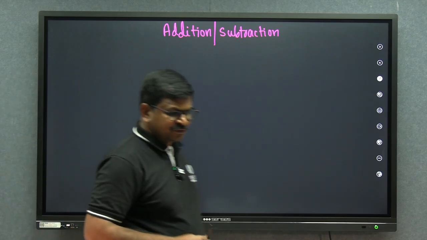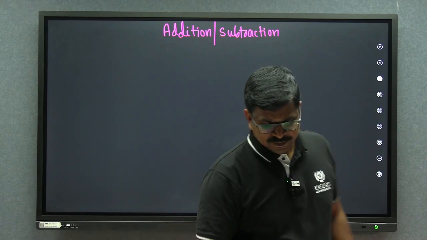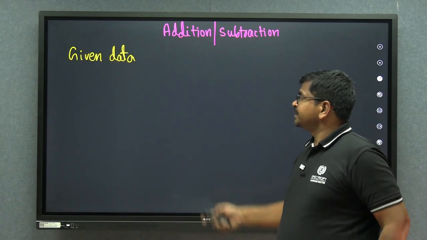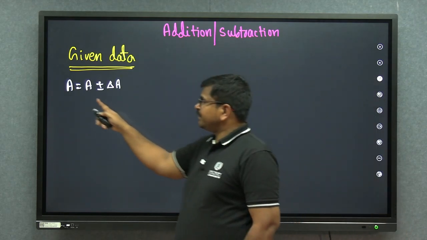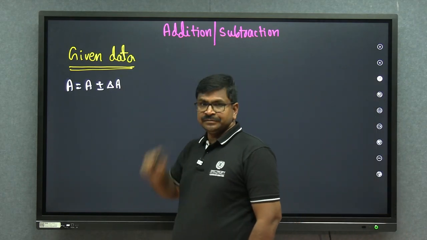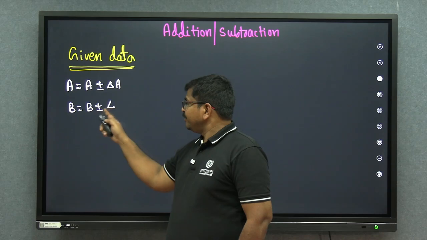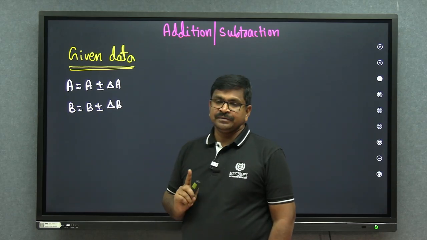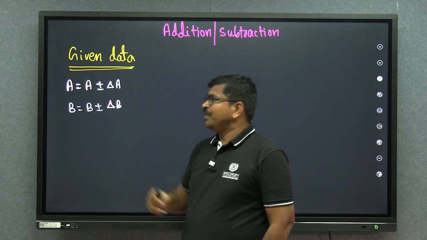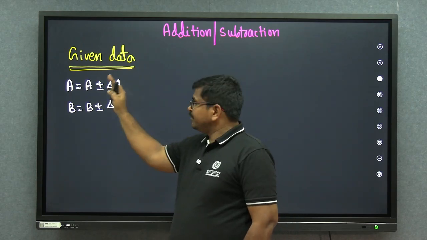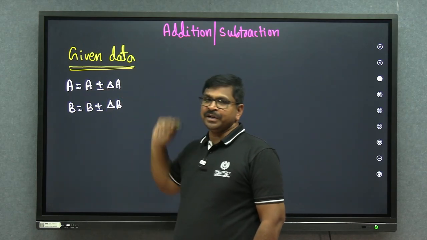Let me take two values here. Let us say the given data is something like this: a value A with absolute error and B with absolute error. Remember, the question may be given in three ways. One method is they give you the true value with absolute error.